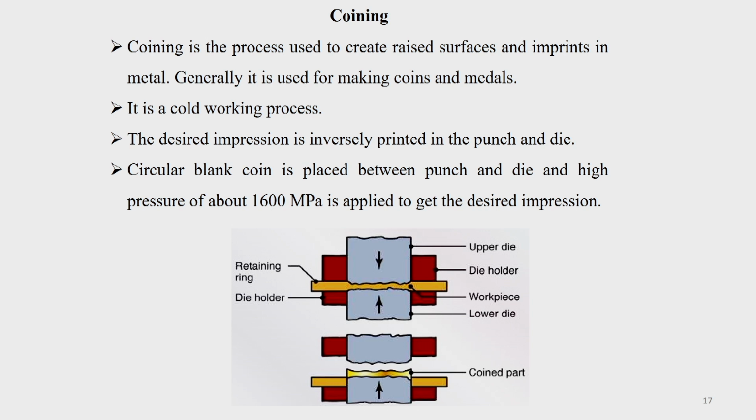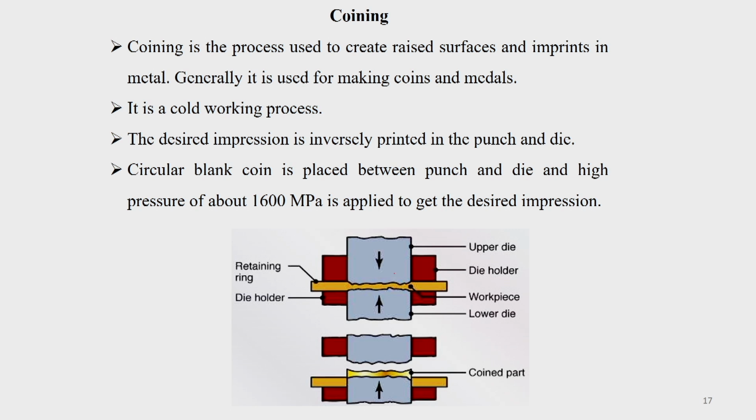Like if you take a coin, on one side it is head and the other is tail, you call it so. We cannot call it a mirror image, but a male and female joint type thing.